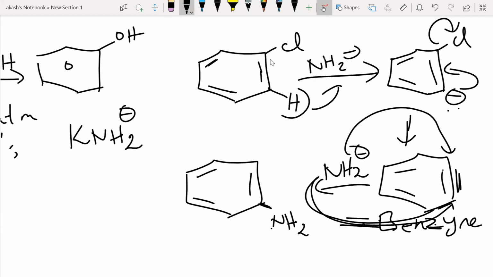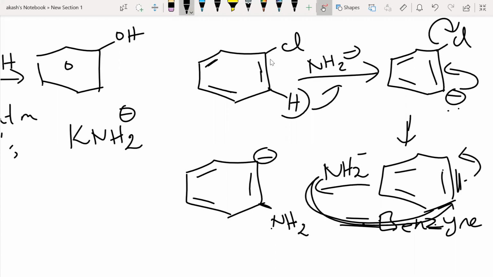Now obviously if this attacks here, this bond would have gone here. Let me rub this part so that you will not get confused. So obviously there would have been a negative charge on this.